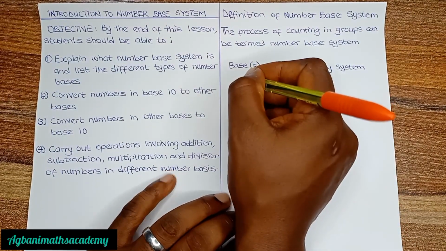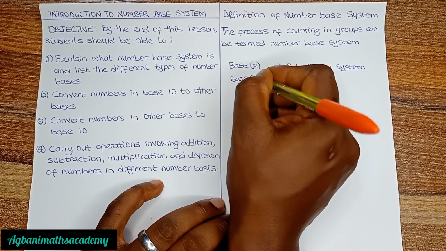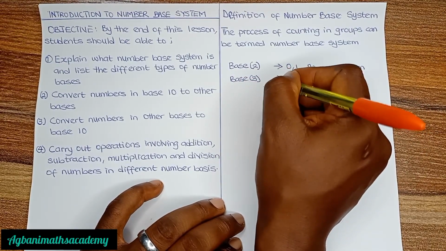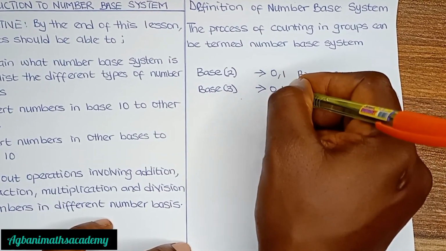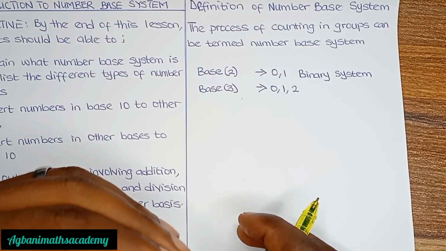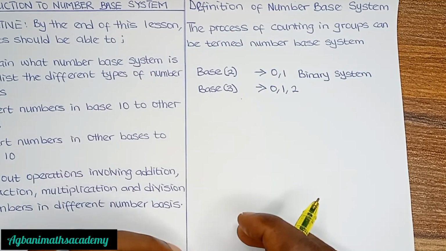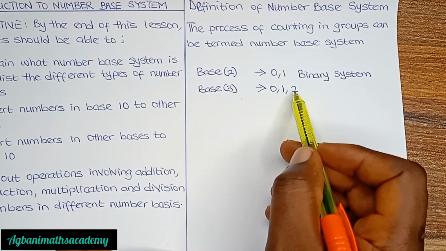The next one is base 3. This contains only 3 numbers, 0, 1, and 2. So whenever numbers are written in this system, you will not see any number bigger than 2 because it only contains 3 numbers, 0, 1, and 2.